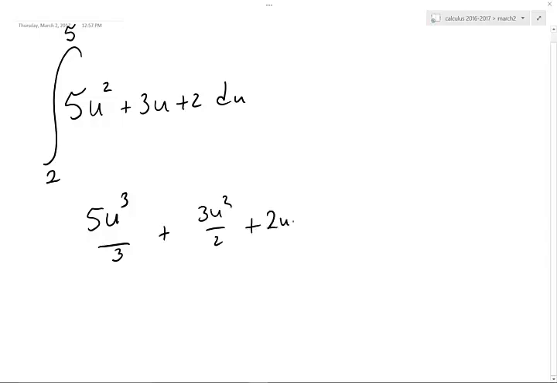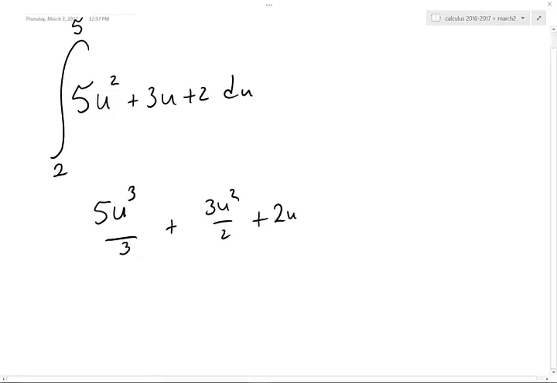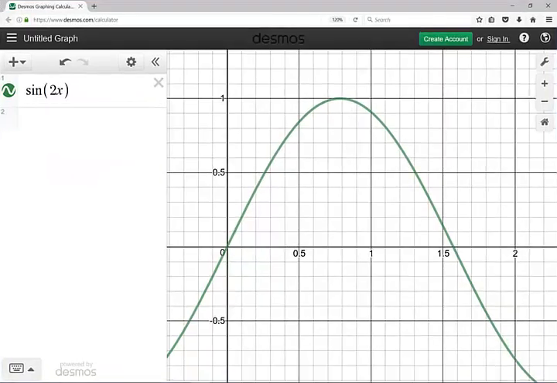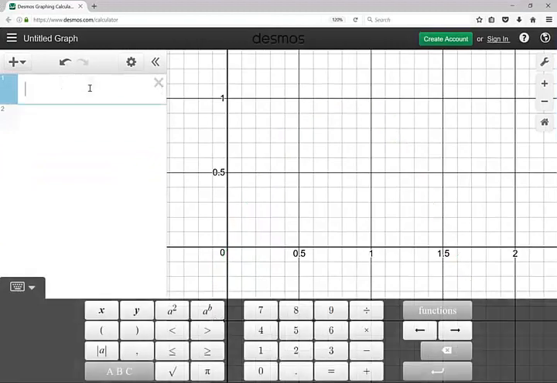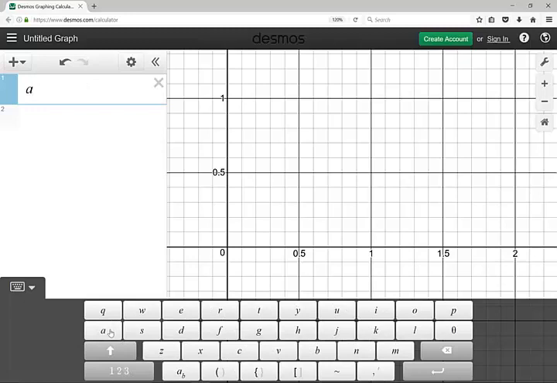Now, if I was using Desmos.com, in a way so that I didn't make stupid little errors, because I make them, what I personally would do is ask, what is the equation?